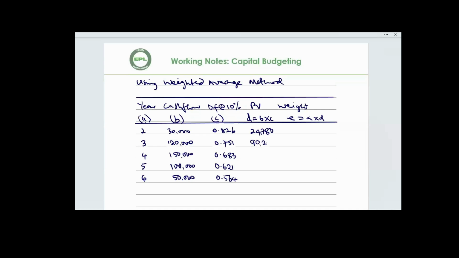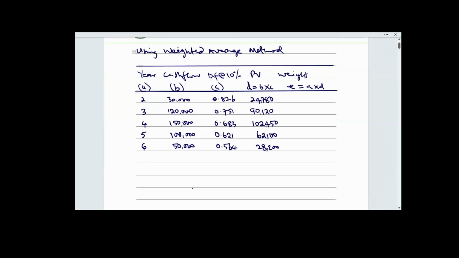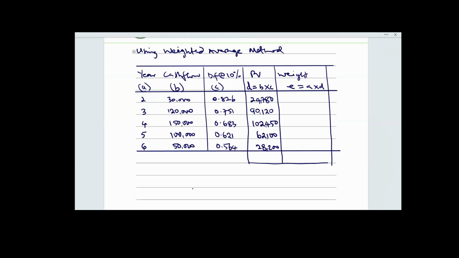Add up all the present values. What do you have?